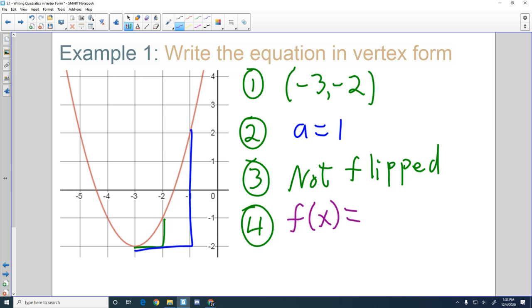All right, so no negative sign, and a is 1, so I'm just going to go right to the parentheses, right?